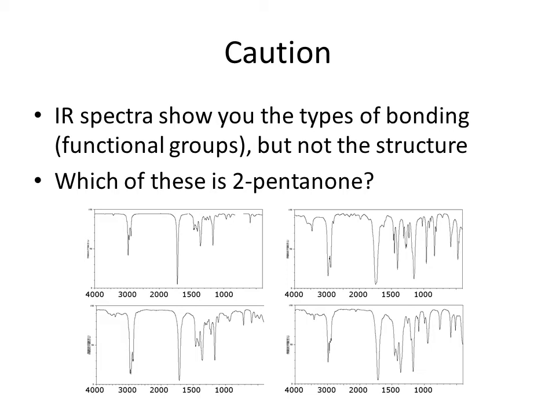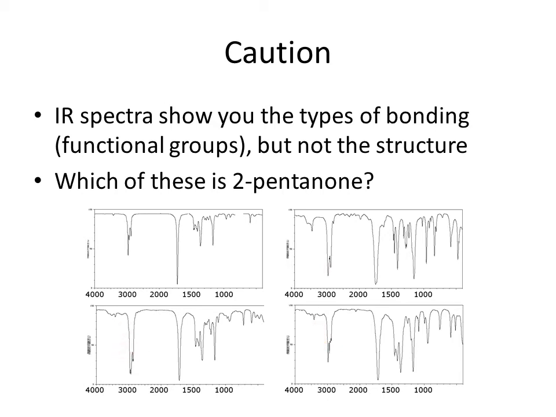For instance, which of these molecules is 2-pentanone? Now if you think about it, 2-pentanone doesn't have an OH. None of these 4 have an OH. Ignore this little blip, for instance. 2-pentanone does not have sp2 CHs, and in none of these spectra do we see an sp2 CH signal, because that would come just to the left of 3000, right in this region.